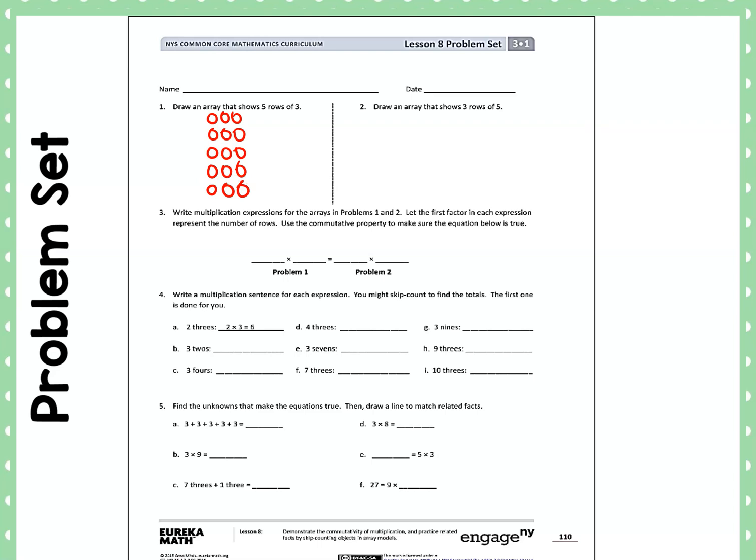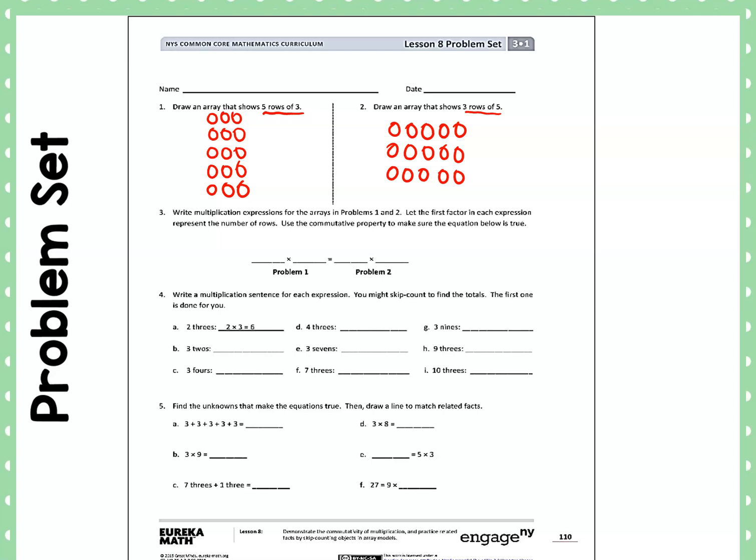Number 2, draw an array that shows 3 rows of 5. Okay. So over here we had 1, 2, 3, 4, 5 rows with 3 in each. And over here we had 1, 2, 3 rows with 5 in each. So 5 rows of 3, 3 rows of 5.